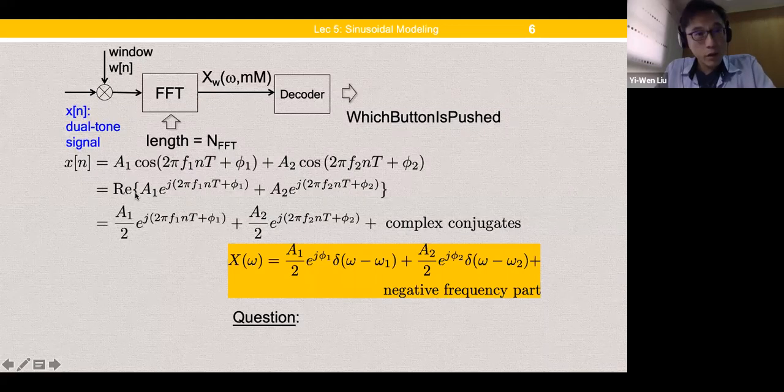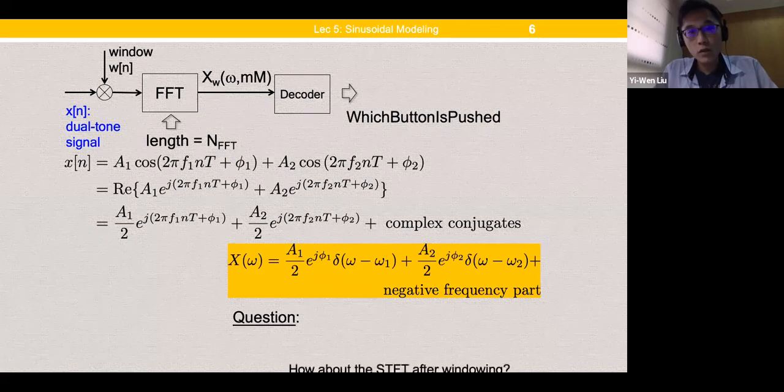They are the real part of complex exponentials, which means that this is a combination of one complex sinusoid, a second complex sinusoid, plus their complex conjugates. If we know the DTFT well enough, the Fourier transform of that would be simply this magnitude times a Dirac delta function at exactly omega 1 and omega 2, where omega 1 and omega 2 equal 2 pi f1 and 2 pi f2. So that's a brief derivation.